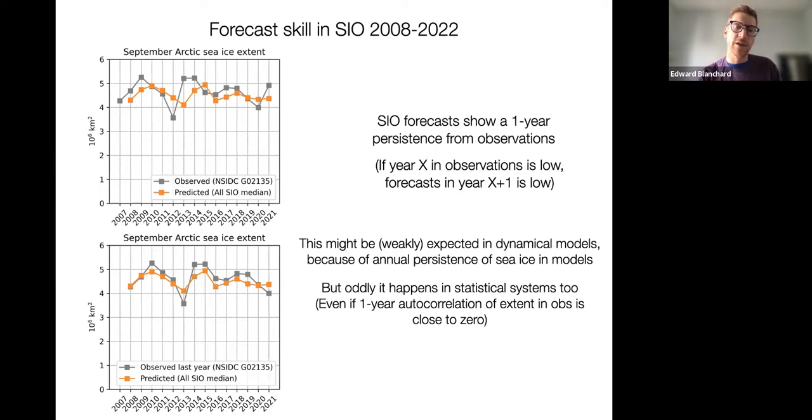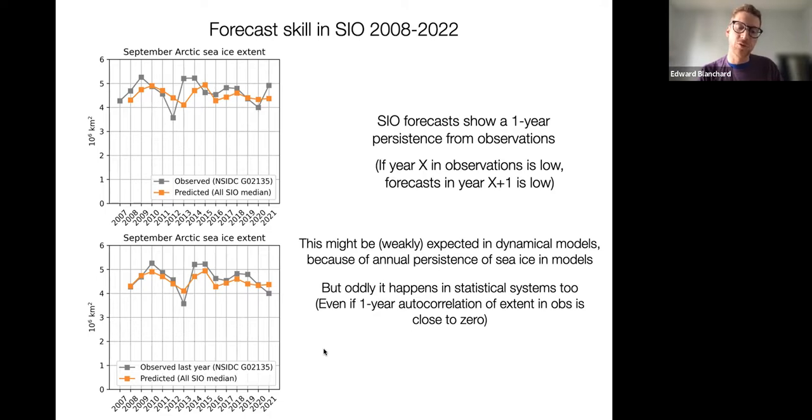What I show on the top left panel is a figure very similar to my first slide, which is the observed sea ice extent and then the Sea Ice Outlook forecasts. And then in the bottom panel, we're shifting that observed time series by 1 year, right? So for example, on the x-axis in 2013, that shows the forecast for 2013 and the observations for 2012.